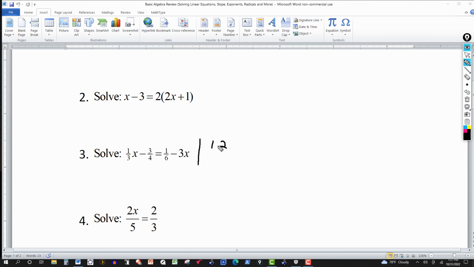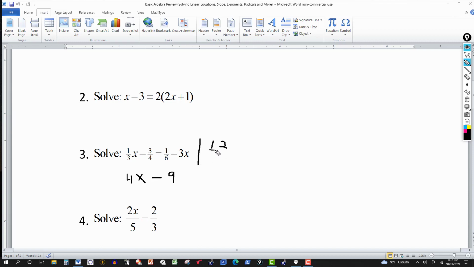And then you just multiply every term of both sides. So 12 times 1/3. So just look at it this way. 3 into 12 is 4, and then 4 times 1 is 4x. And then on the next one, multiplying everything on both sides by 12. 12 times minus 3/4, let's go 4 into 12 is 3, and 3 times minus 3 is a minus 9.